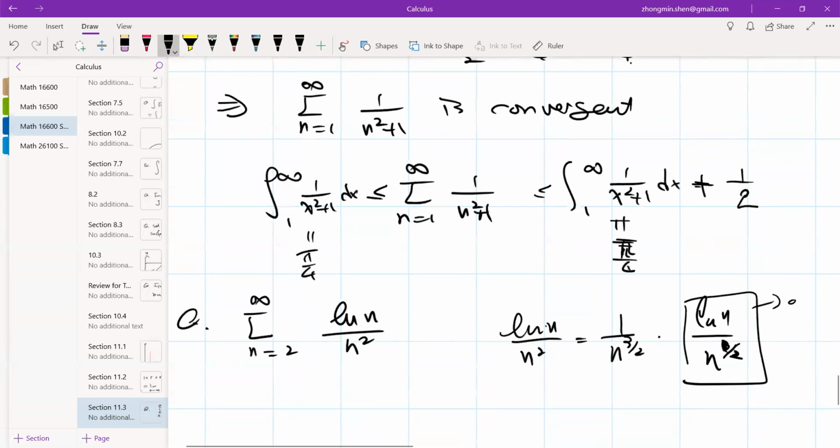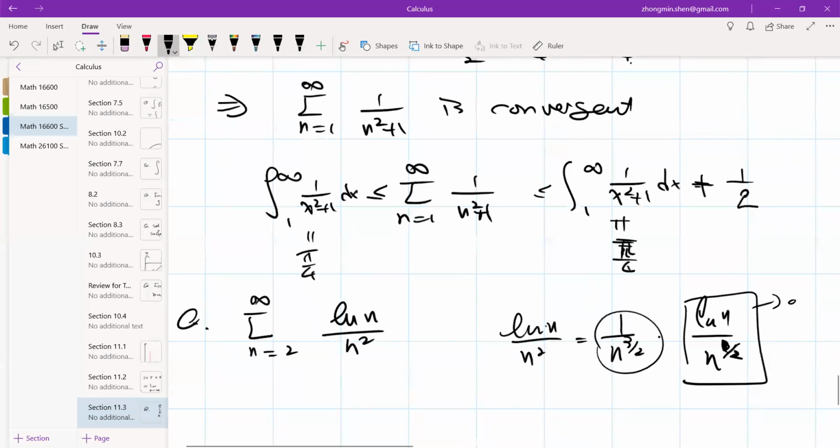You can use L'Hopital's rule to prove it, right? So this is a convergent p-series, p equals 3 over 2. So this is convergent, and you have some number, very small, multiplied. Of course, the series is going to be convergent. Okay, that's the rough idea.